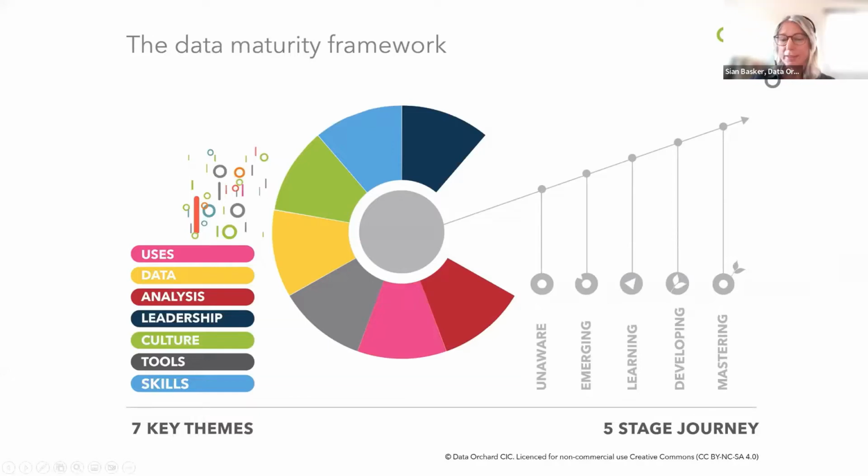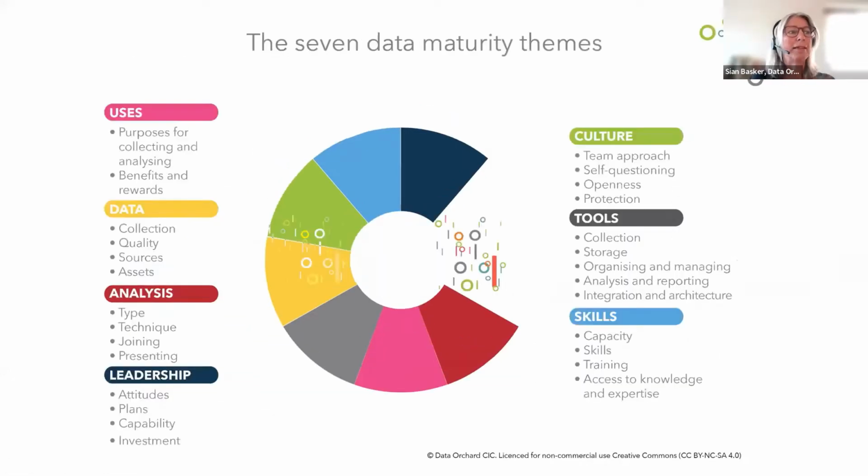Now, the data maturity assessment is an online questionnaire that delves into those 7 data maturity areas in more detail. For example, in culture, it's exploring 4 sub-areas. It's looking at the team approach, self-questioning, the openness of data, and also the protection and security side of it as well.